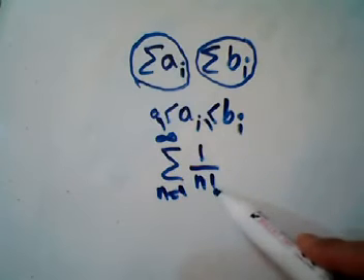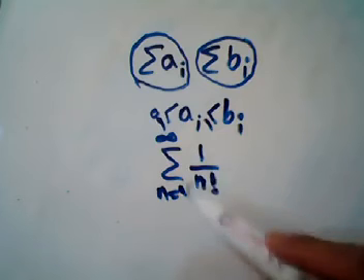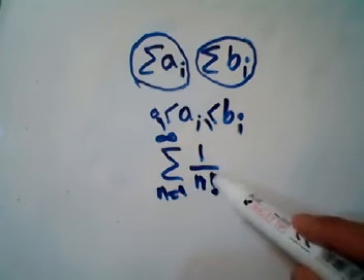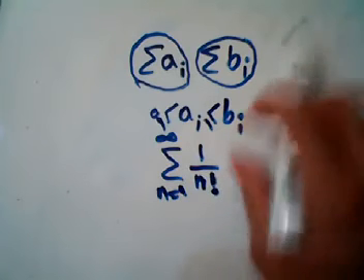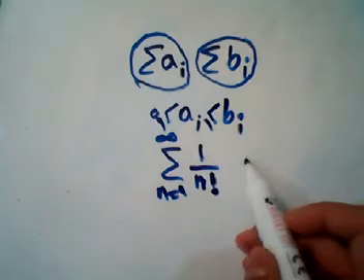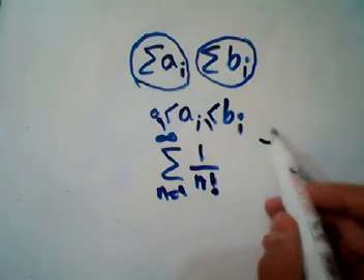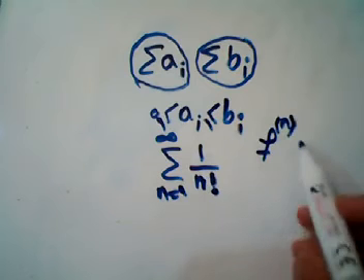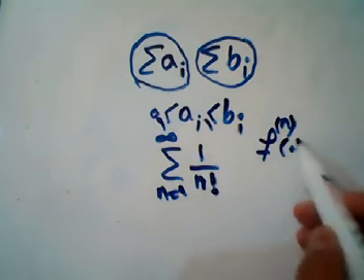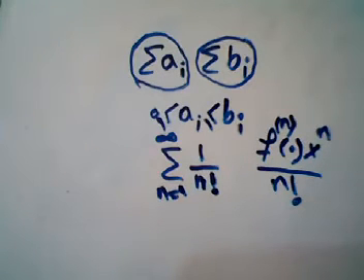You may see series containing factorials in them; these are real series, like the Taylor series I talked about before, in which the terms were like the nth derivative of f at 0, x to the power of n over n factorial, if you remember that.